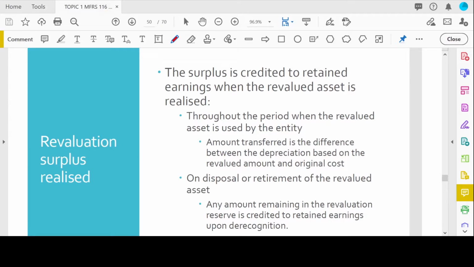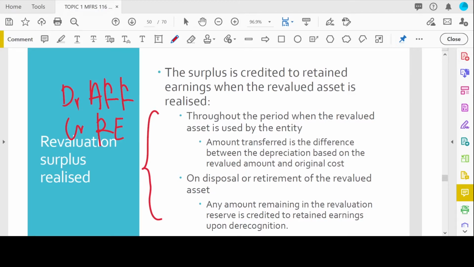For both situations, we are going to debit ARR and credit retained earnings. We are going to reduce our ARR account to increase the retained earnings account.